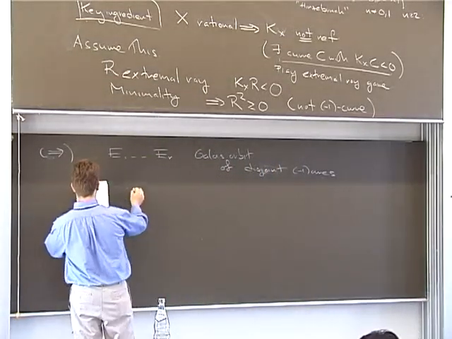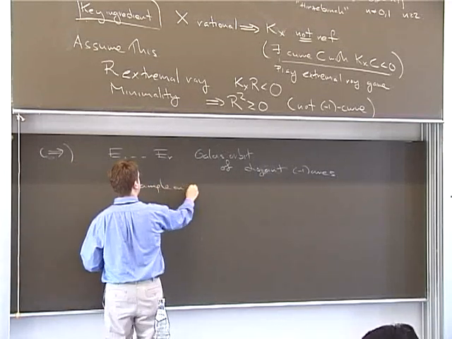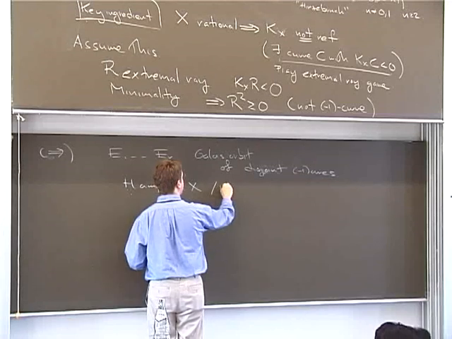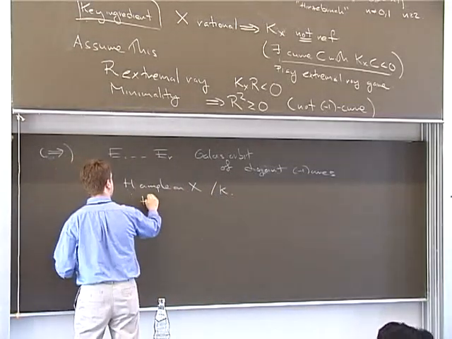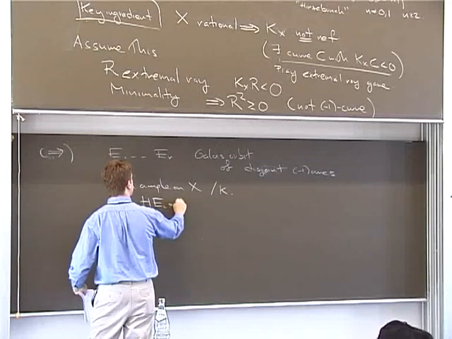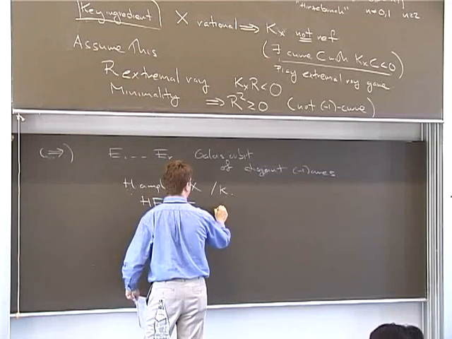So let H be ample on X and defined over K. And note that H intersected with each of the components, these intersections are the same for all I and J.